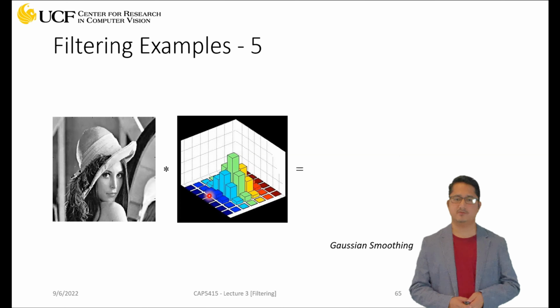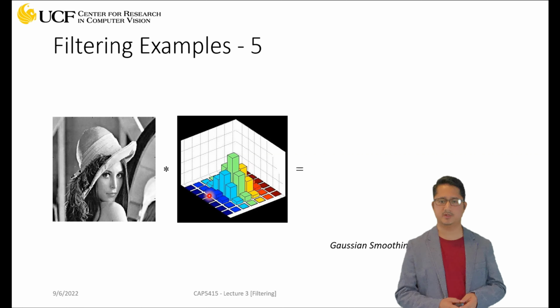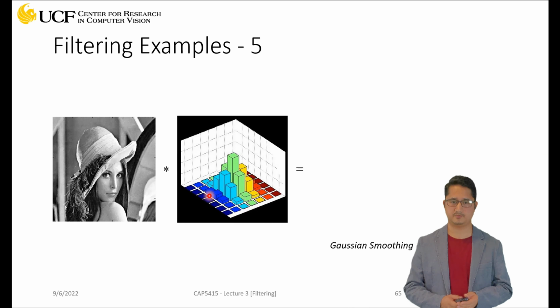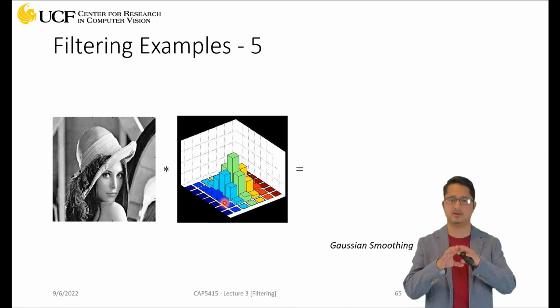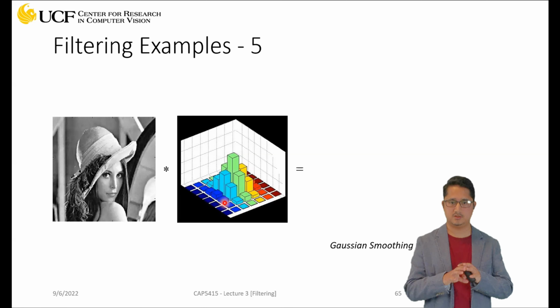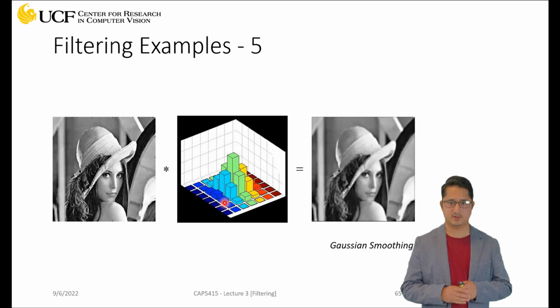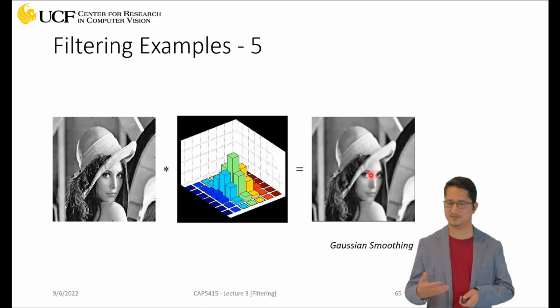Okay, so that was a very simple smoothing filter. Let's talk about Gaussian smoothing. So this is a Gaussian filter, and you can see that the center of the kernel is pretty high. As you move towards the neighborhood, the values are going down. So this resembles a Gaussian kernel, but it's a discrete form of the Gaussian function. Now, if you perform filtering using this kernel, you can see again it's smooth, but it's not very distorted.